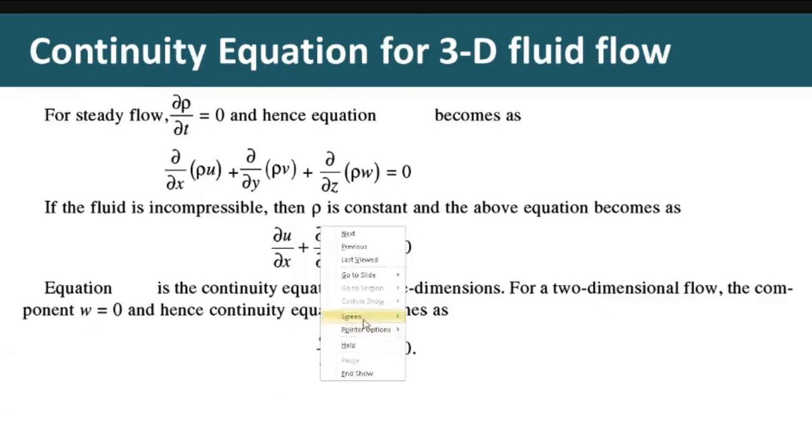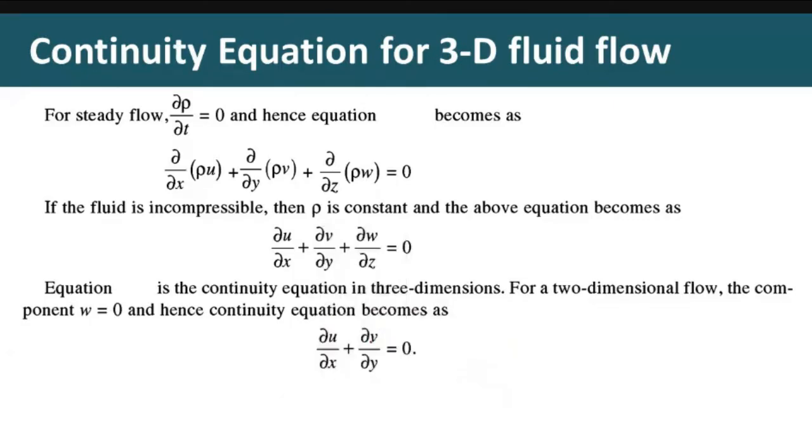Okay, and why is the continuity equation important? Because if the continuity equation is satisfied, it means the law of conservation of mass is being satisfied, because the continuity equation is derived from the law of conservation of mass. So if the continuity equation is satisfied, the law of conservation of mass is satisfied, therefore the fluid flow will exist.